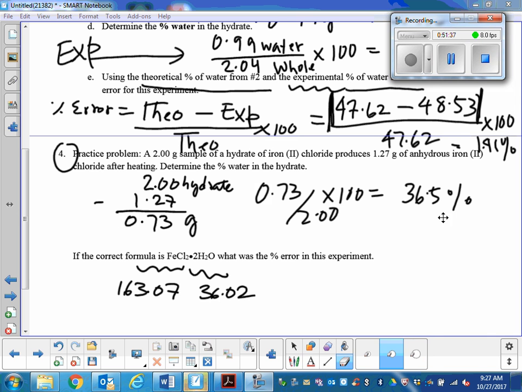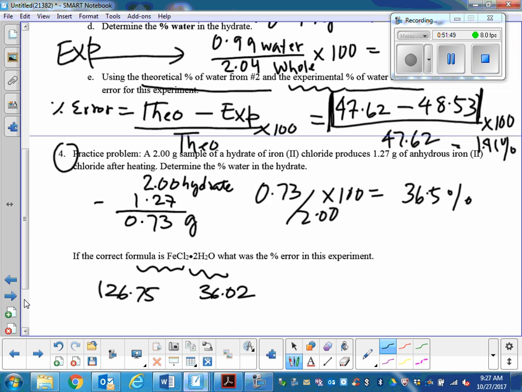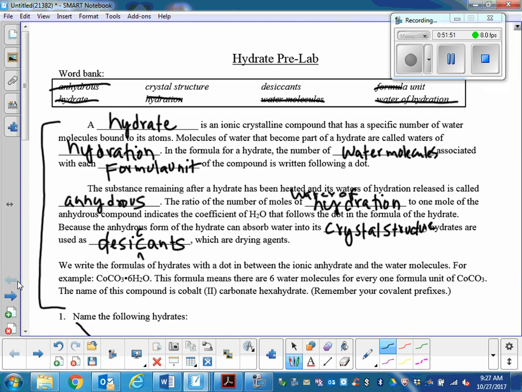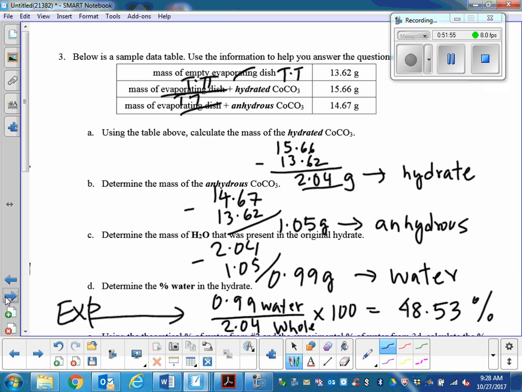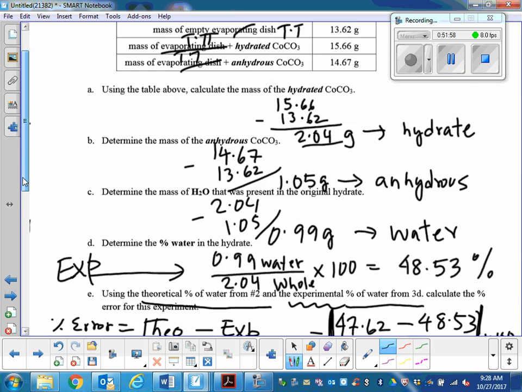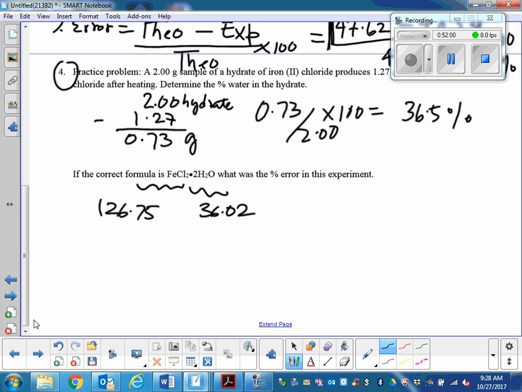So what is this then? 126.75. Is that right, Ricky? Just for FeCl2? Right? Okay. Whoa, this is wrong. This thing is not aligned properly at all. Okay. So then you add up and what do you get total?